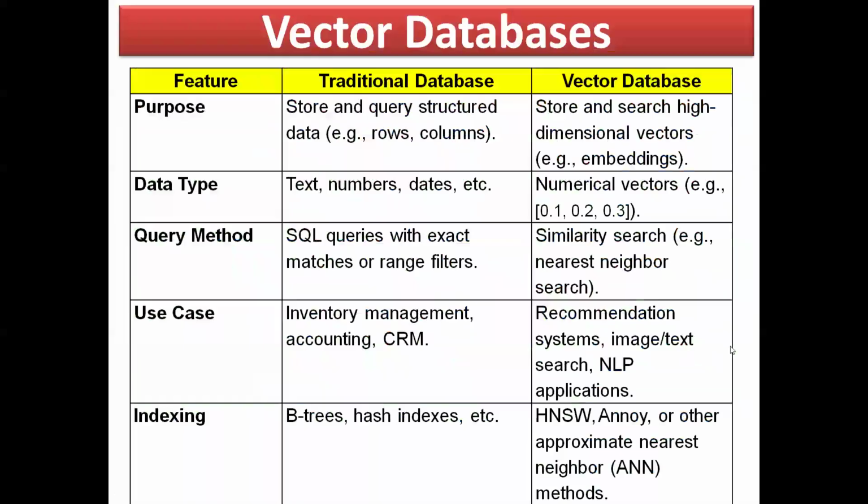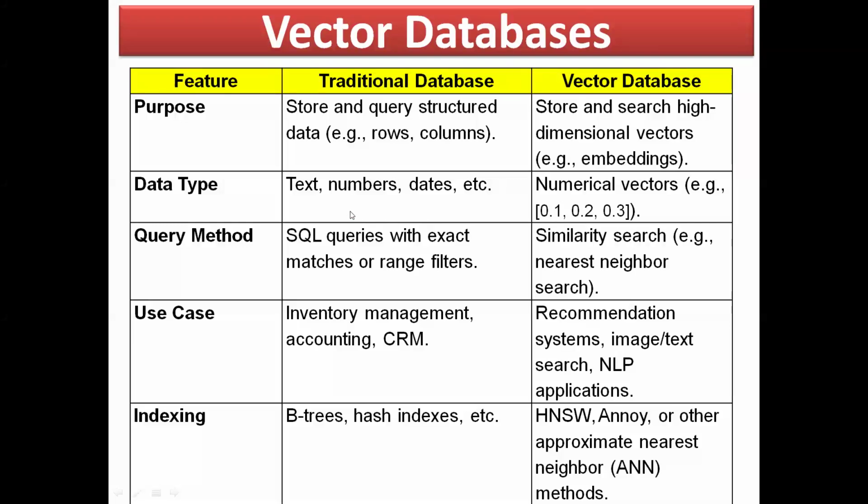So what is the difference between a vector database and a traditional database? In traditional databases, you might have seen rows, columns, tuples, different data types. In a vector database, each and everything is in numeric format. For example, you are uploading some document or some image. At the backend, each and everything is in numeric format.